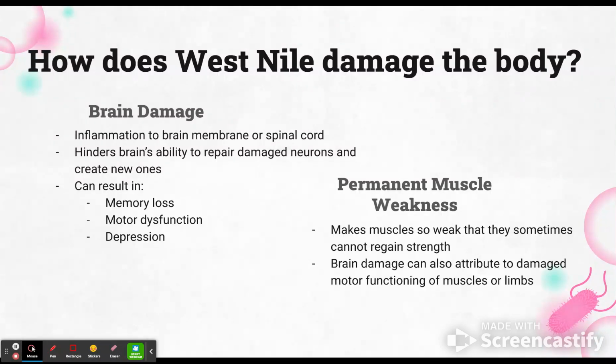Another area that can be damaged is the muscles. There can be permanent muscle weakness because, like we said, one of the symptoms of West Nile is muscle weakness. And sometimes they get so weak that they cannot regain full strength ever again. And this could also be a result of the brain damage, because it can contribute to the damaged motor functioning of muscles or limbs.